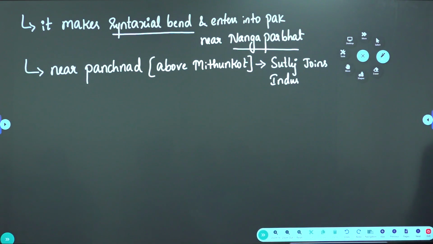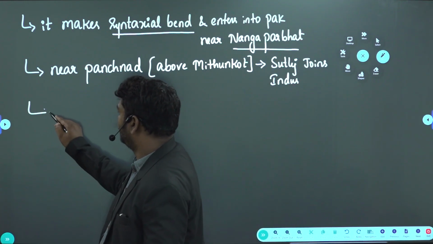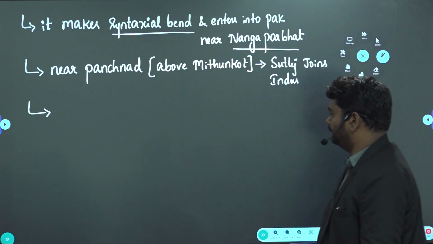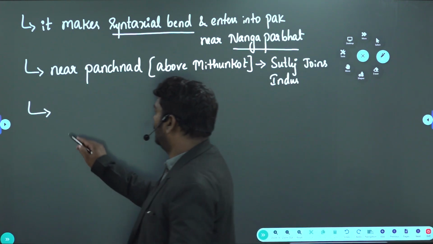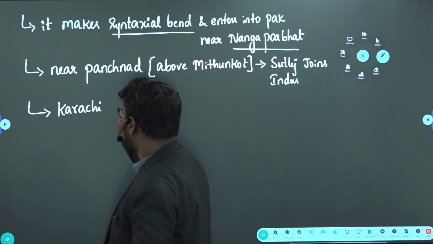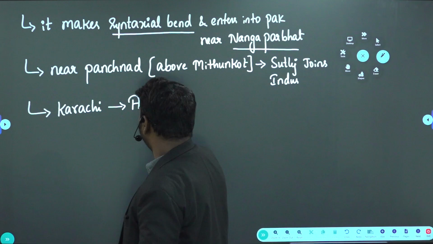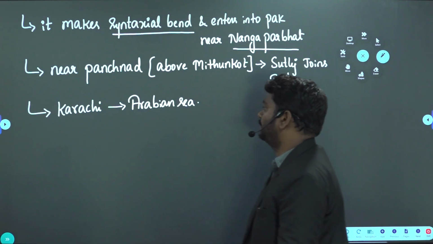Remember, the last river to join Indus is Sutlej. This was a prelims question again. Near Karachi, it drains into the Arabian Sea.